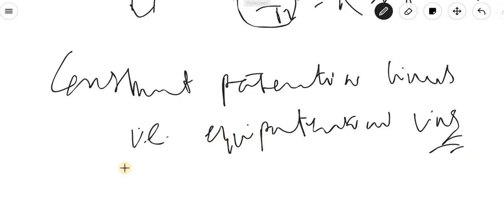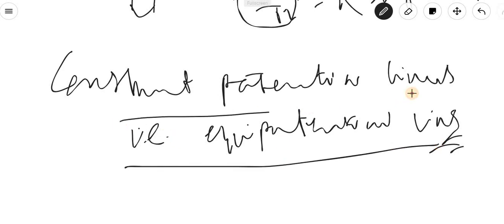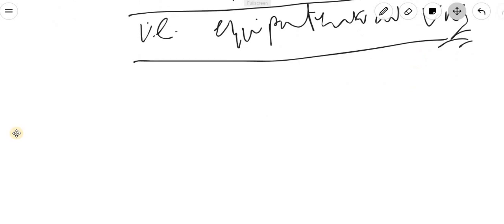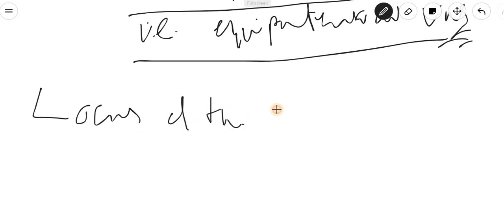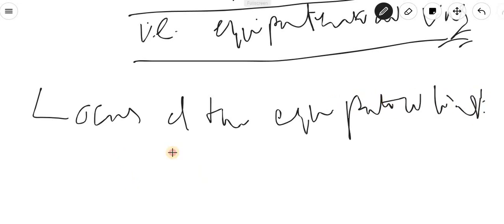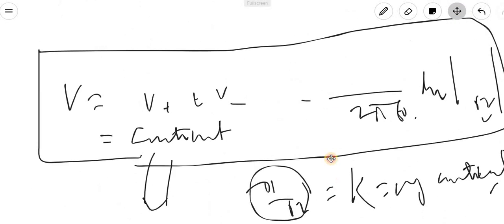So now we will be finding the locus of the equipotential line. What will be the locus of the equipotential line?